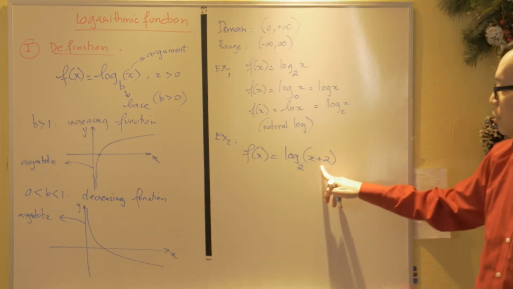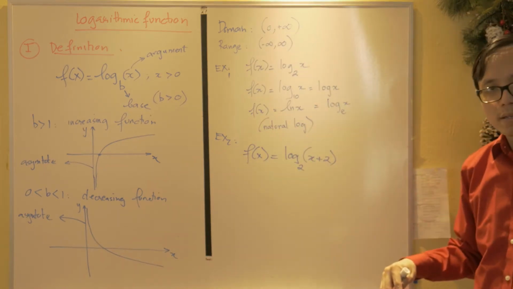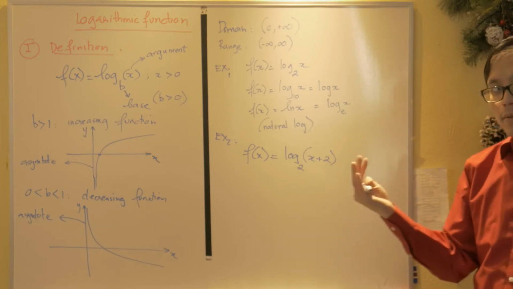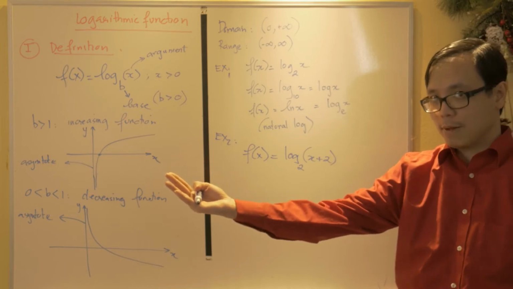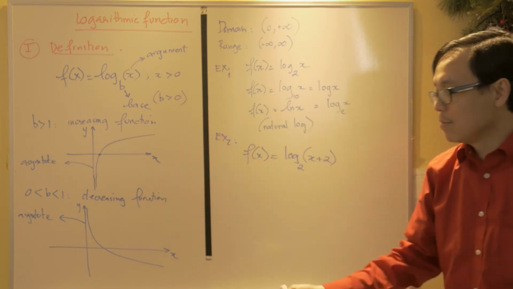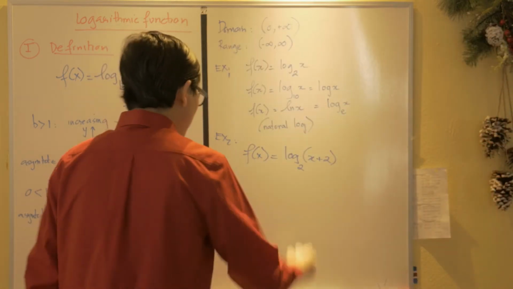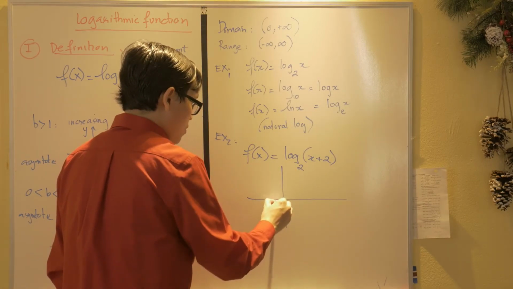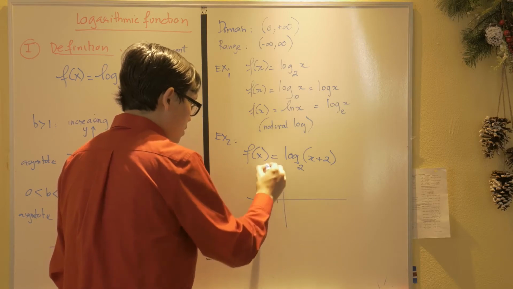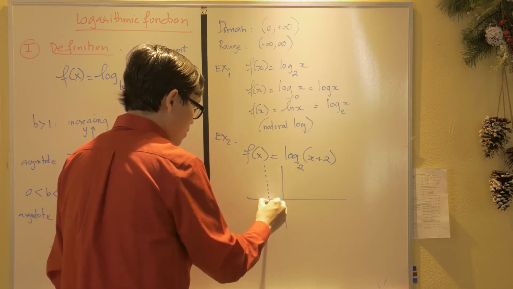If we add 2 to the x inside the parenthesis, does it move to the left or to the right? It moves to the left 2 units, remember? It means the graph will look something like this. So this is 1 unit, 2 units, and this is the vertical asymptote right here.